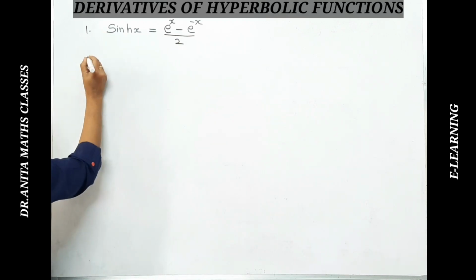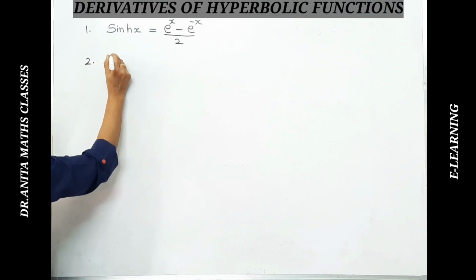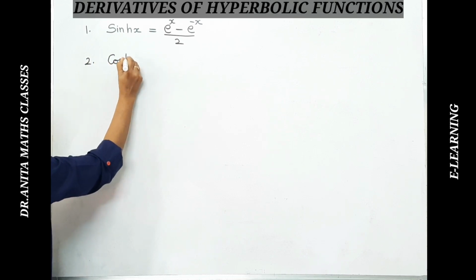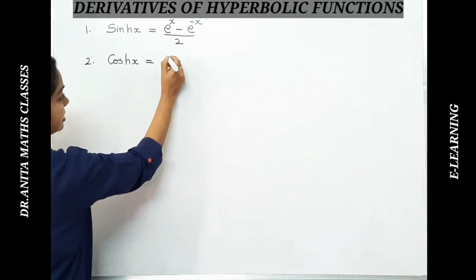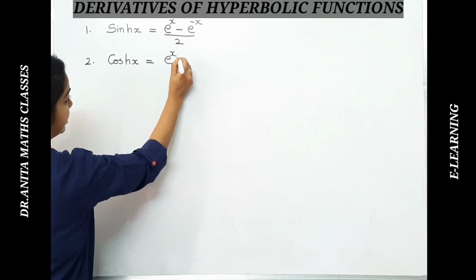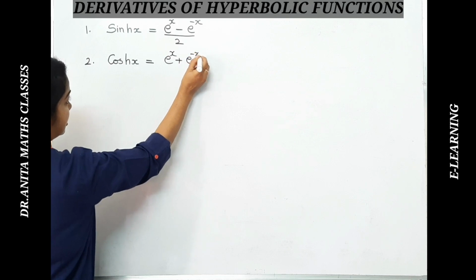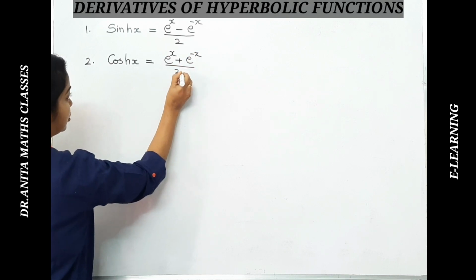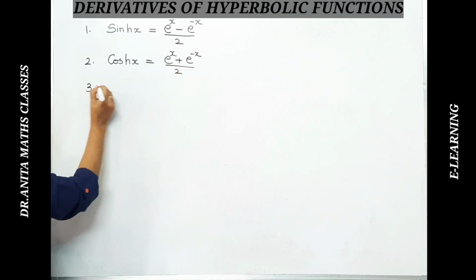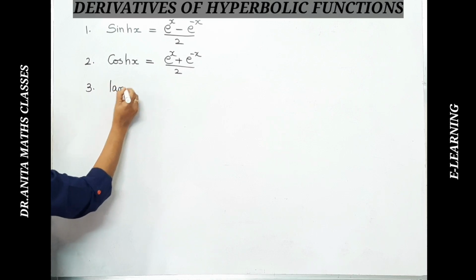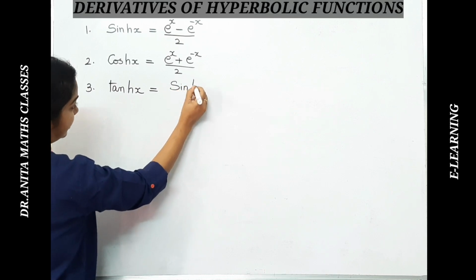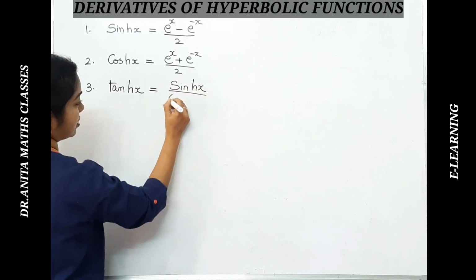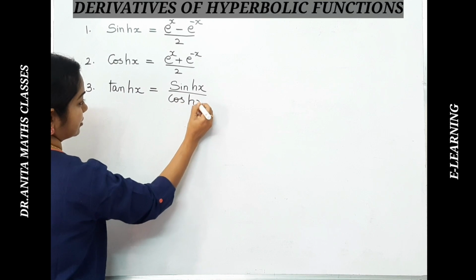Now when we move on to the second one, we have cosh x, that is e to the power of x plus e to the power of minus x upon 2.